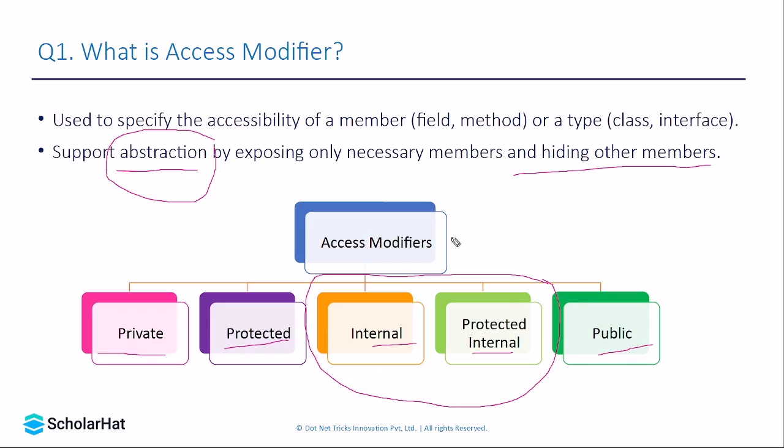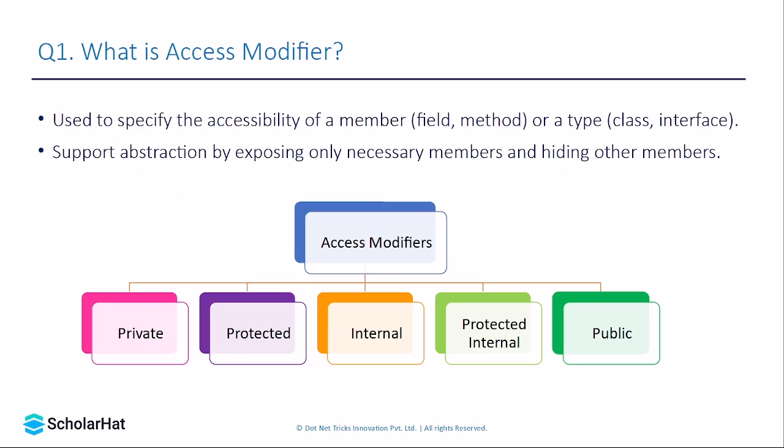And again, this can be asked in an interview, like what are the different types of access modifier? So in that case, you have to answer that there are 5 types and they are protected, private, public, internal, and protected internal. Let's discuss these access modifiers one by one in upcoming slides.